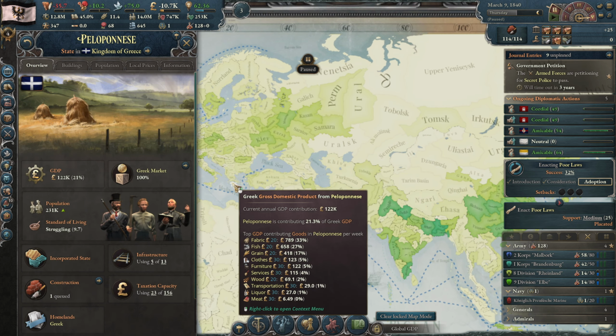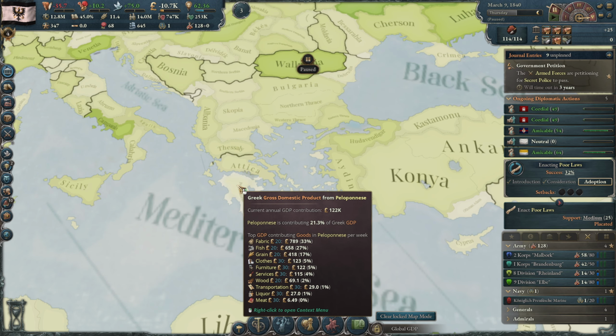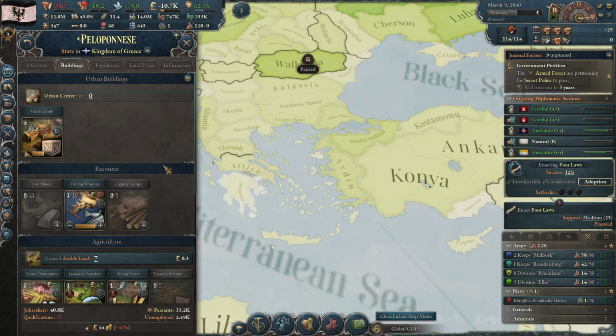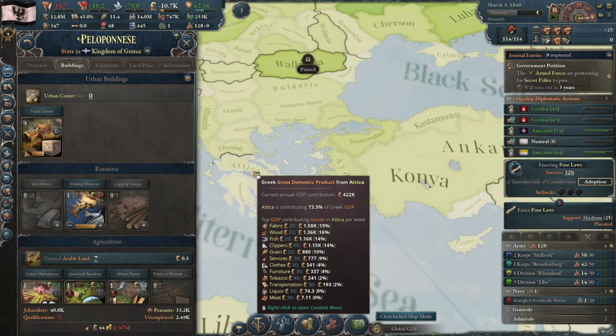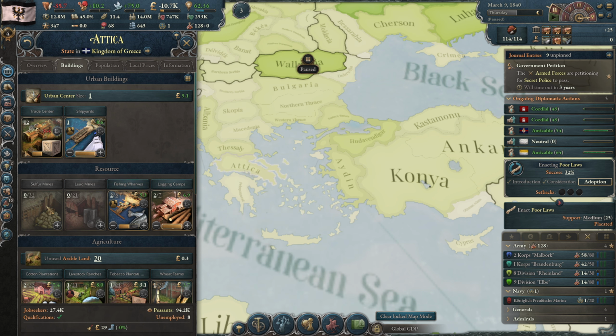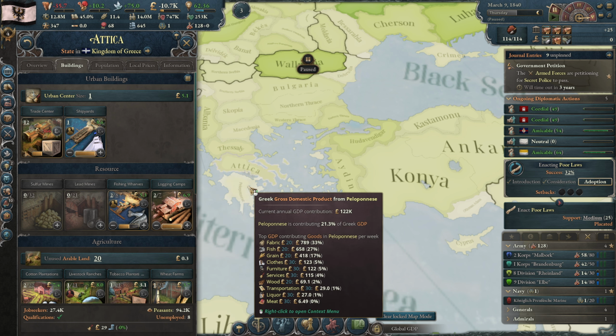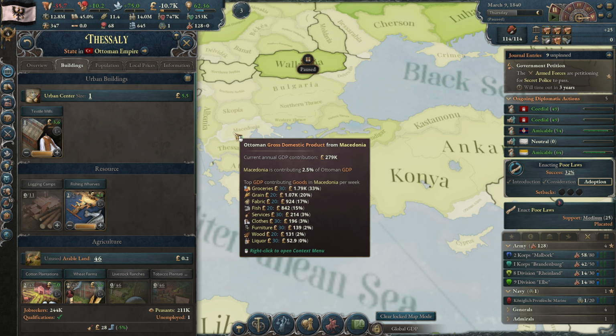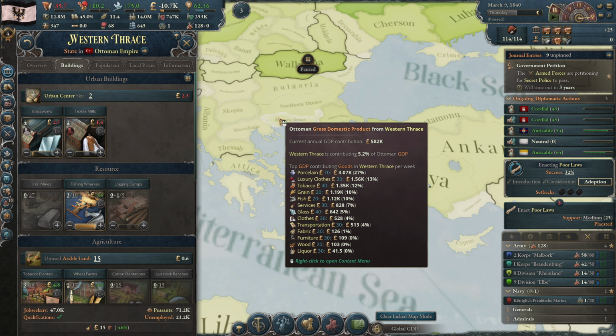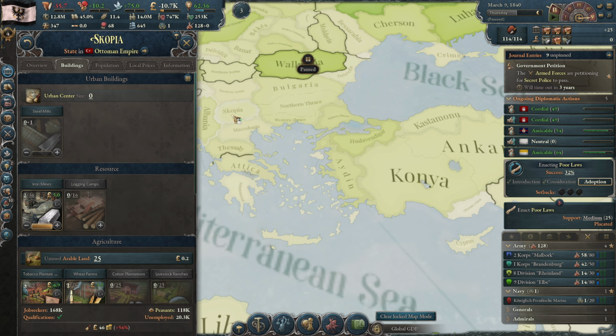If you're playing Greece, for example, oh boy, yeah, Greece here, the Peloponnese, they've got iron and logs. There's no coal there. We've got sulfur, but no coal. So Greece, you're going to need to get some coal, and I don't see it anywhere here. Wow.